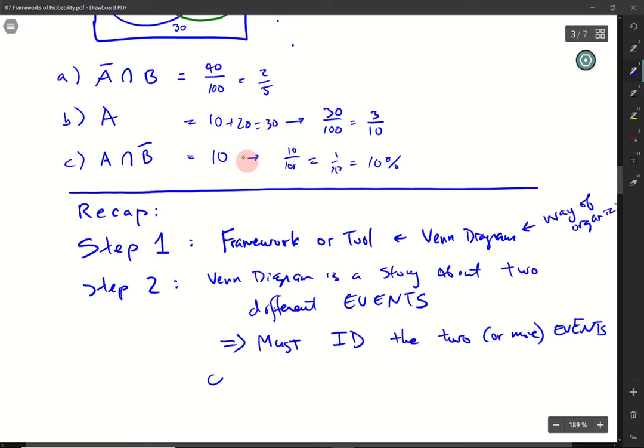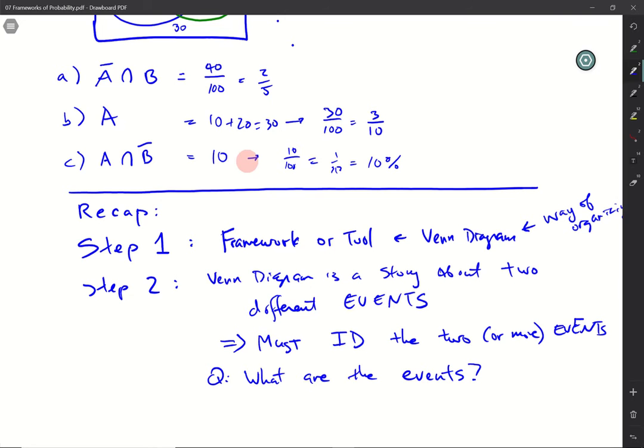Basically, what are the events? Okay. So good. Use a Venn diagram. Okay. How do we use a Venn diagram? It's a story about events. It's all about intersection of this one and that one, intersection of this one and a complement, this and that, right? And so what are the events?